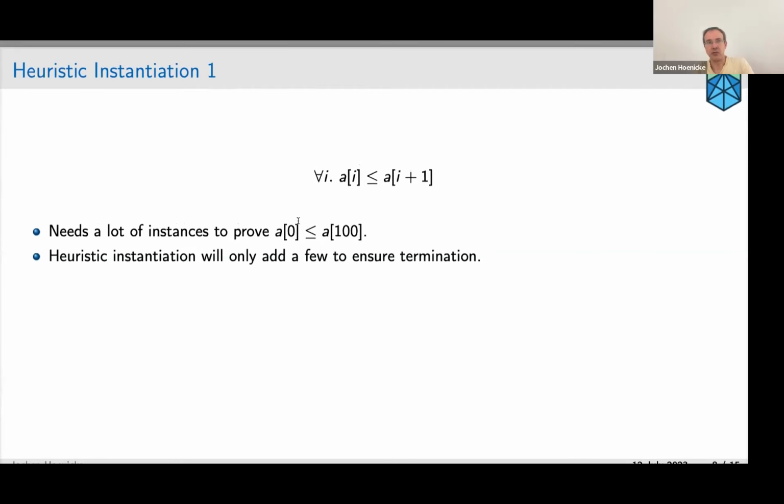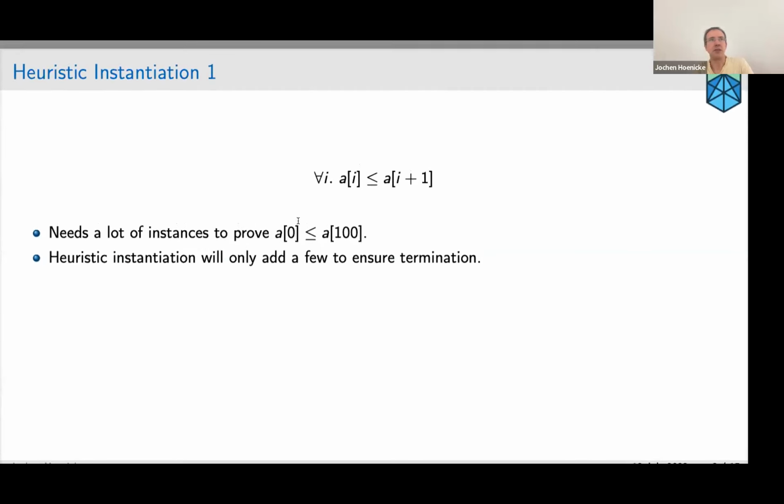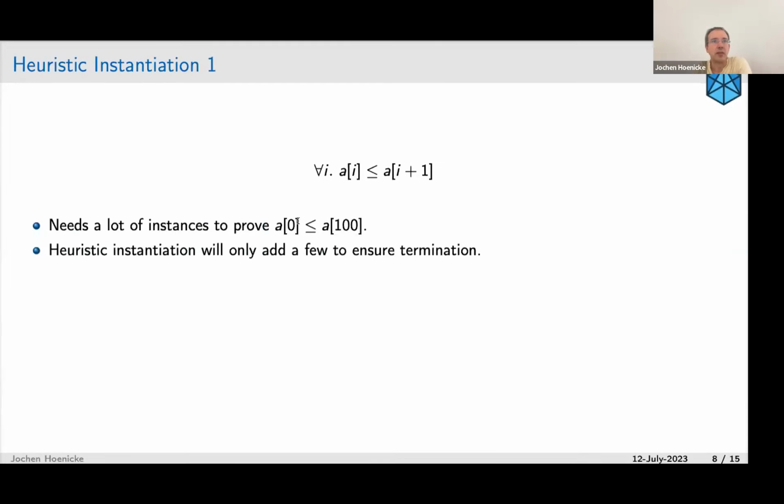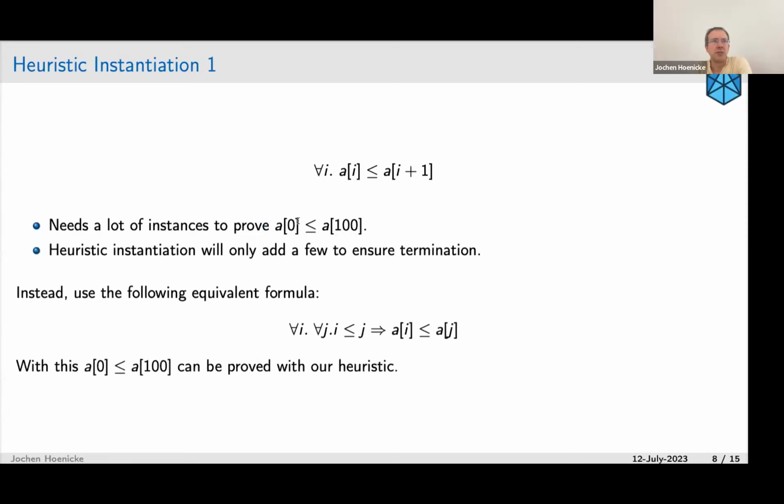You will get a counterexample, and the counterexample is basically slightly wrong. But there's an easy way to fix it, because you can use this formula instead. This is equivalent to the first formula. It also states that the array A is sorted.